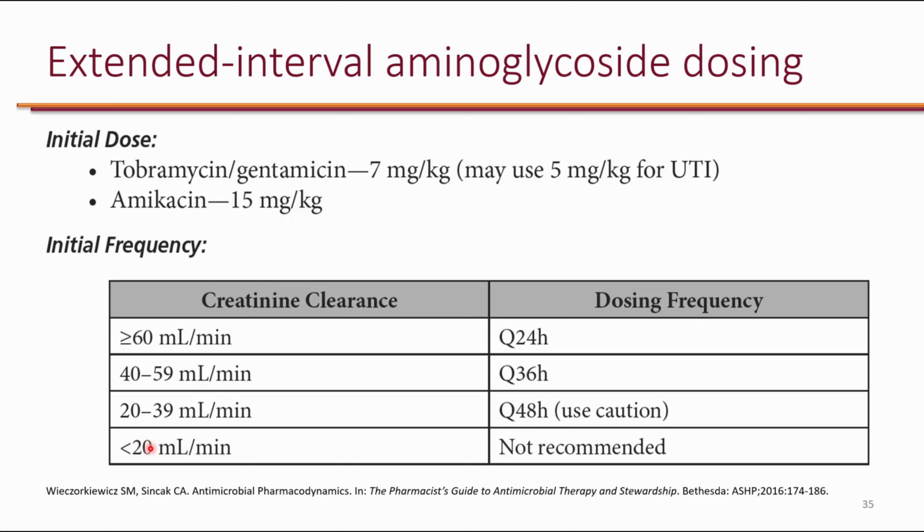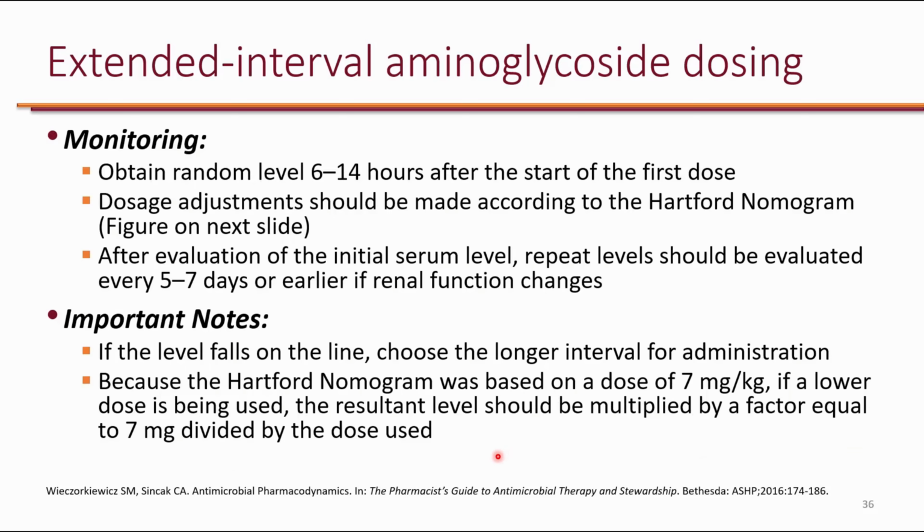And of course creatinine clearance less than 20, this nomogram is not recommended. And the way that you would monitor is that you actually get a random level. Instead of a peak and a trough, you get a random level between 6 to 14 hours after the start of the first dose, and then you adjust the dose based on that level.